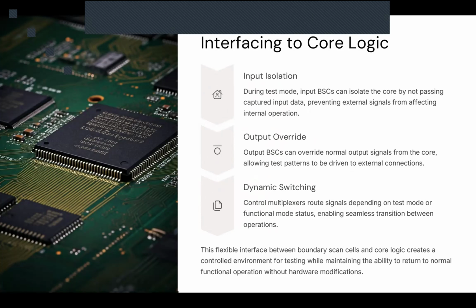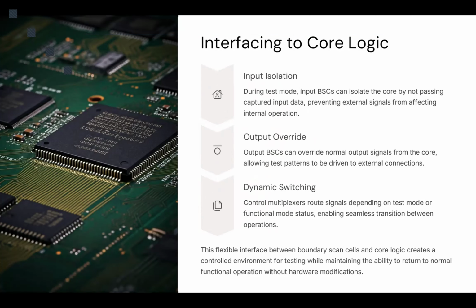Now, as we said, those scan cells sit between the core logic and all the pins, so they act as an interface to the core logic. Why does that matter? These scan cells are not just for interacting with the pins.